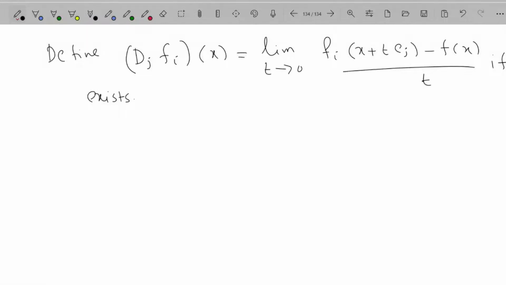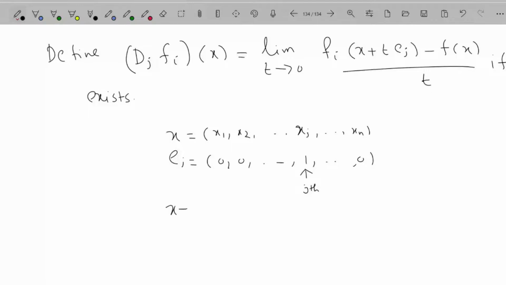If x is x1, x2, ..., xj, ..., xn, and ej is 0, 0, 0, then 1, then again 0, where the 1 is in the jth position or component, then x plus t ej is nothing but x1, x2, ..., xj plus t, ..., xn.